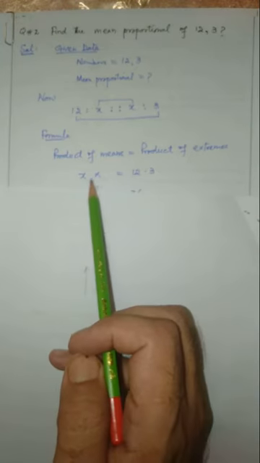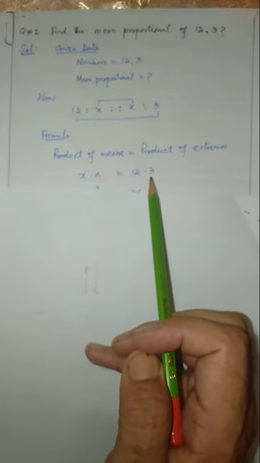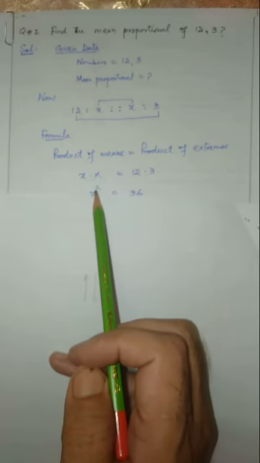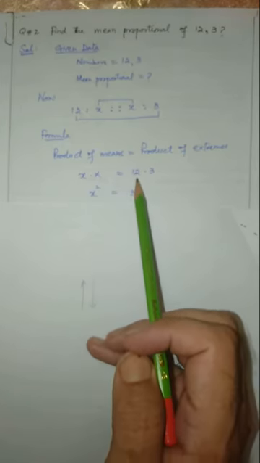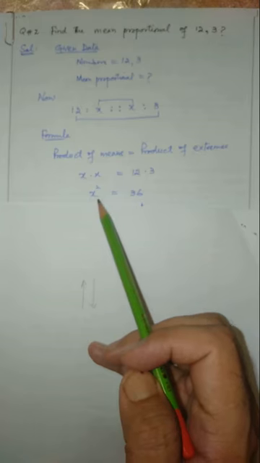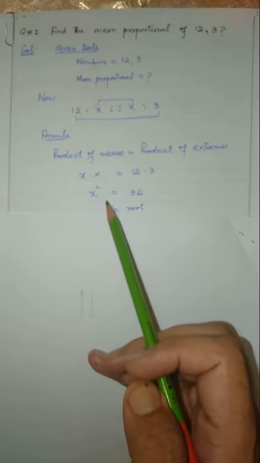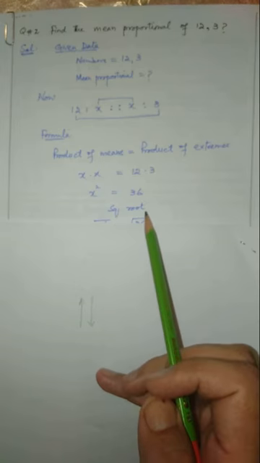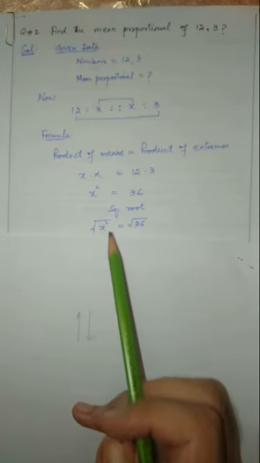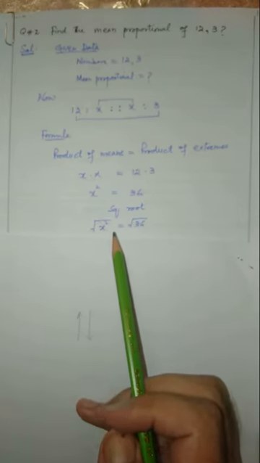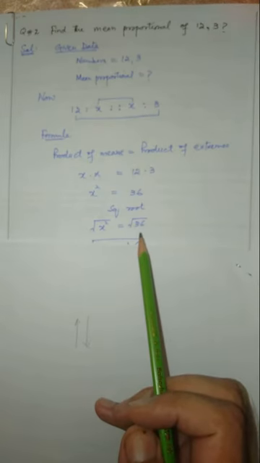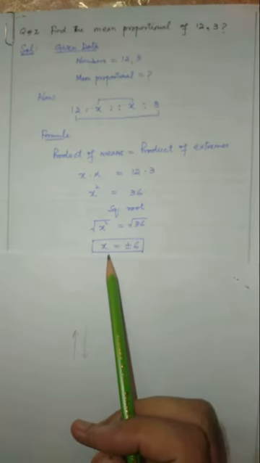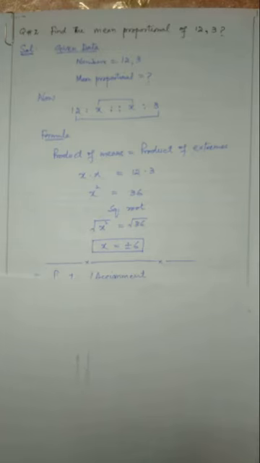Now x times x is equal to 12 times 3. x into x is equal to x squared. 12 times 3 is 36. Now to remove the square, taking square root on both sides. Square and square root cancel. Taking the square root of 36, x is equal to plus minus 6.